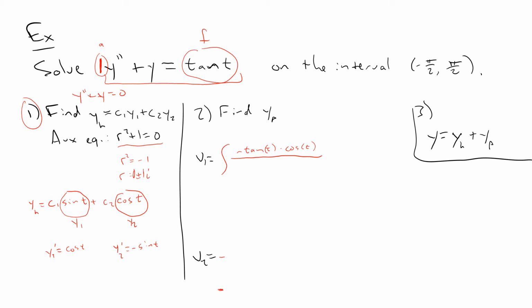So we have 1 times y1, which is sine t, times y2 prime, that's negative sine t. So really I'm just going to end up with a negative sine squared t, minus y1 prime, that's cosine, times y2, that's also cosine, so minus cosine squared.